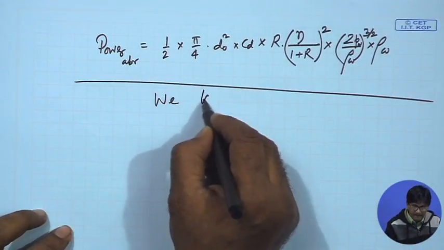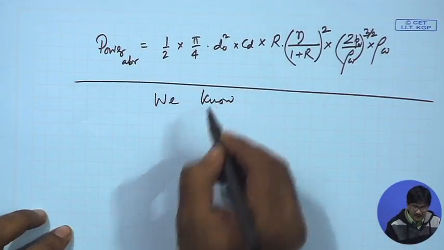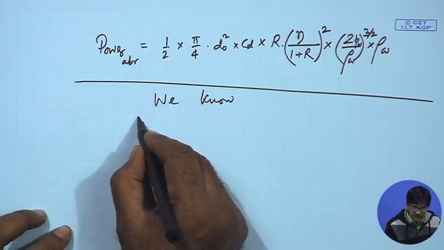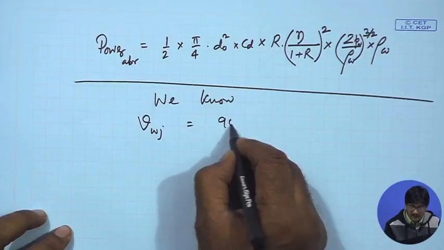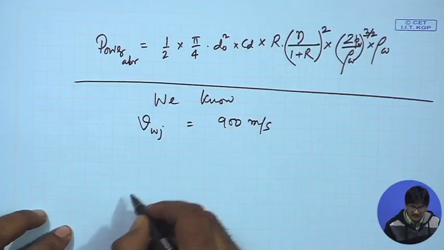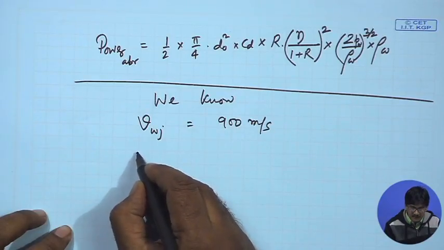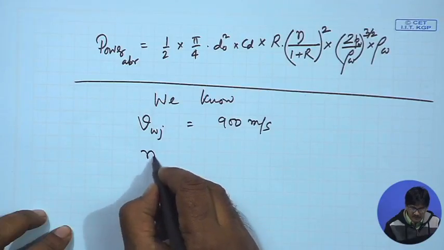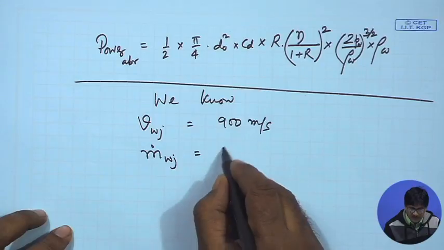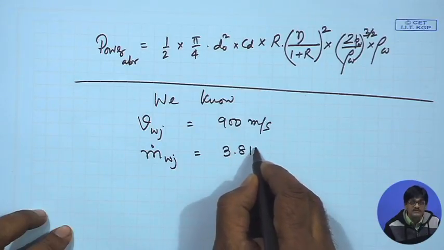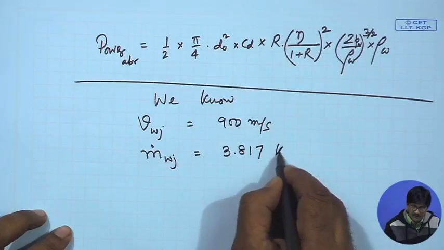We know that velocity of water jet is equal to 900 meters per second, and mass flow rate of water jet was equal to 3.817 kg per minute.